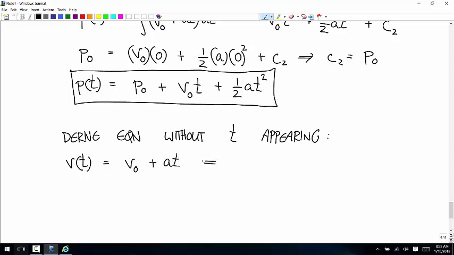And so I'll rearrange that and get t is equal to the velocity function minus the velocity when time is equal to 0, divided by a. And then we'll substitute that into the position function.